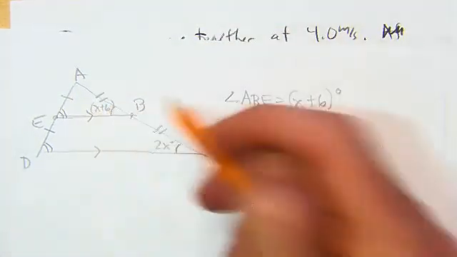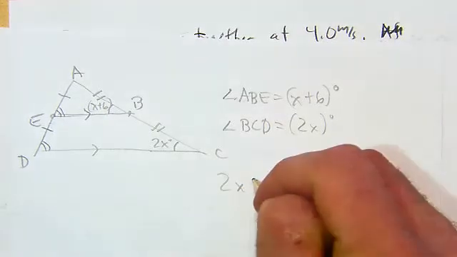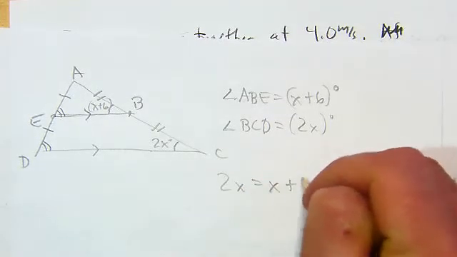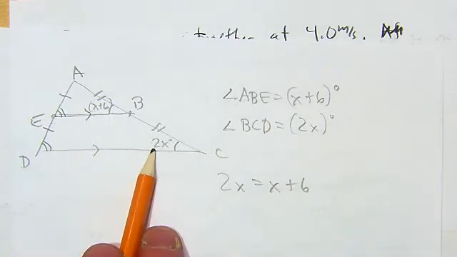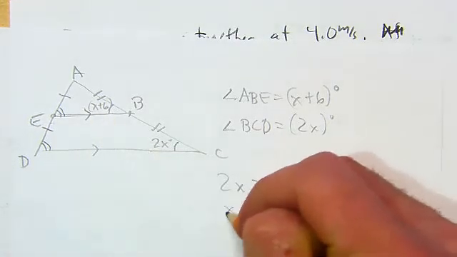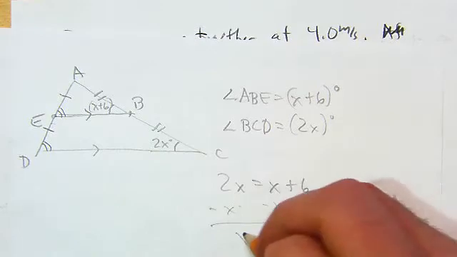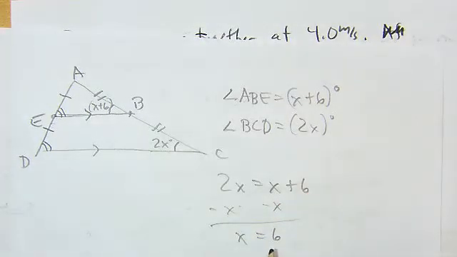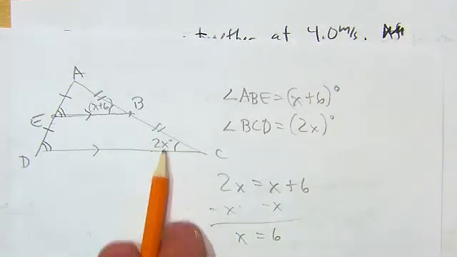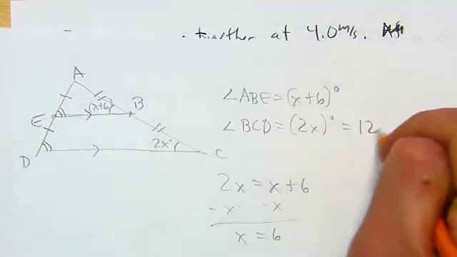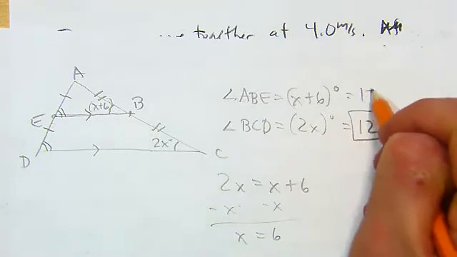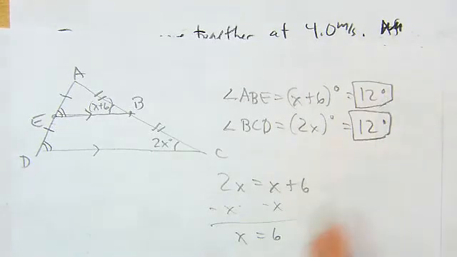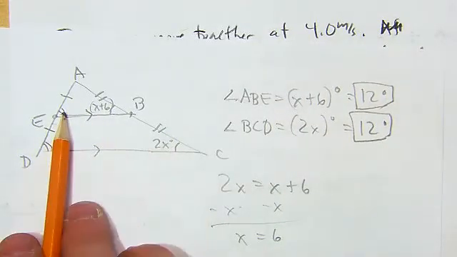These angles are equal, so your equation for that is actually 2x equals x plus 6. Okay, no, you don't double anything because these angles are just equal. So minus x on each side, I'm just going to get x equals 6. If I plug it back in, this angle is going to be 12 degrees, right? Plug it back in here, 12 degrees, okay? So it works out that those angles are equal, okay? And these angles are equal.